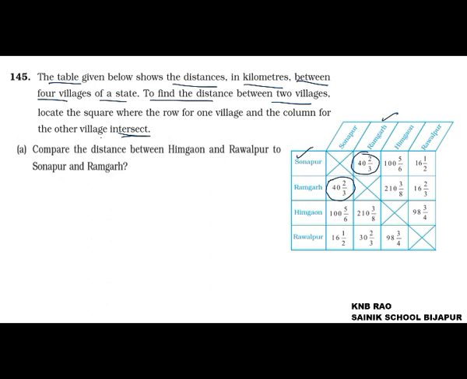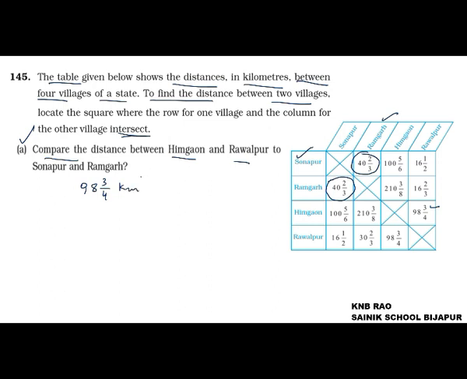Now we have got 2 sub questions in it. First question, compare the distance between Himgaon to Rawalpur. What is the distance from Himgaon to Rawalpur? Himgaon to Rawalpur is 98 3/4 kilometer.